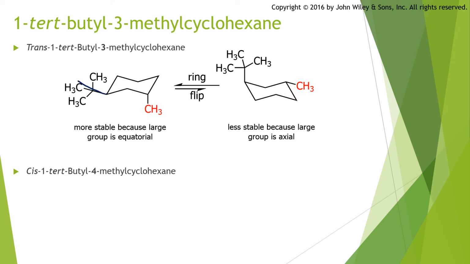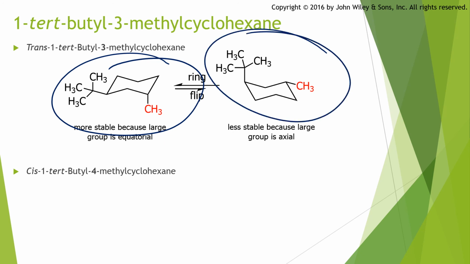And since my tert-butyl group is pointing up, this puts it in the down axial position. And if I do a ring flip, the tert-butyl group ends up axial and the methyl ends up equatorial. So the first structure is going to be much more stable because the giant tert-butyl group cannot possibly survive in the axial position. It's not going to stay there. So it's going to spend more time in this conformation than in this conformation.